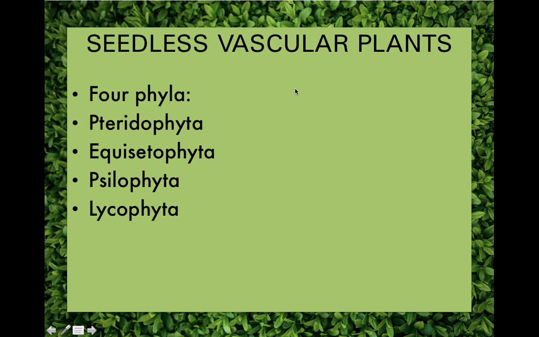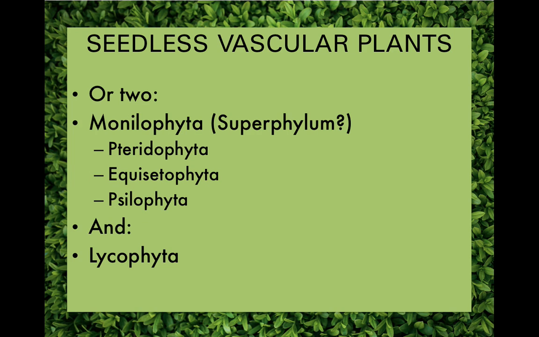So we've historically considered 4 phyla of seedless vascular plants: Pteridophyta, Equisetophyta, Psilophyta, and Lycophyta. Some of these phyla have been given different names for the same taxonomic grouping, but it's been found that 3 of these phyla form a clade, which our text refers to as the Monilophyta, which I will consider as a superphylum consisting of the phyla Pteridophyta, Equisetophyta, and Psilophyta.